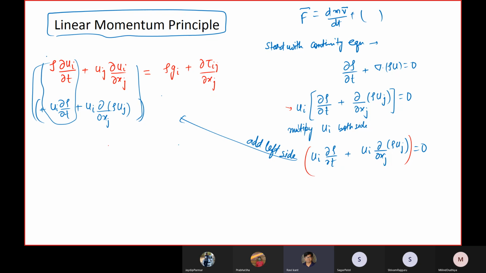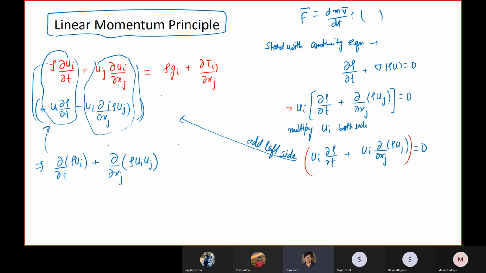Let me see what happens. While clubbing, can I write this as dou by dou t of rho times ui? This is the derivative two times, and this is the addition of these two. Similarly, the derivative with respect to xj of rho ui uj, can I write that?